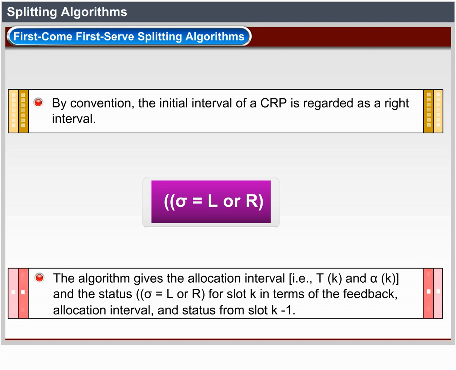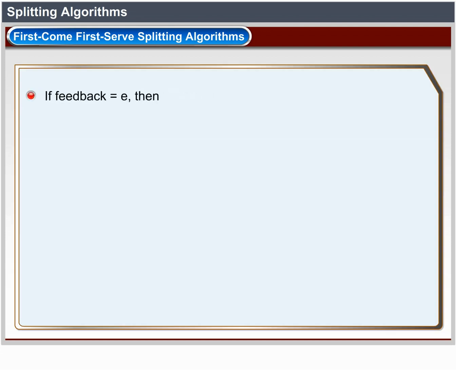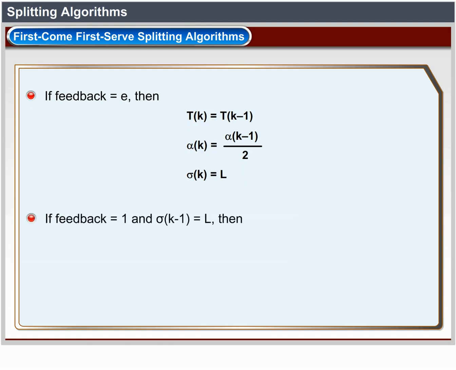If feedback is equal to E, then T of k is equal to T of k-1, alpha of k is equal to alpha of k-1 divided by 2, and sigma of k is equal to L. If the feedback is equal to 1 and sigma of k-1 is equal to L, then T of k is equal to T of k-1 plus alpha of k-1, alpha of k is equal to alpha of k-1, and sigma of k is equal to R.